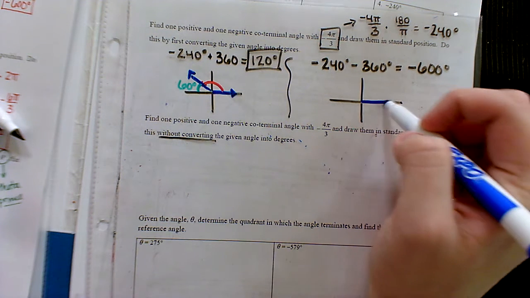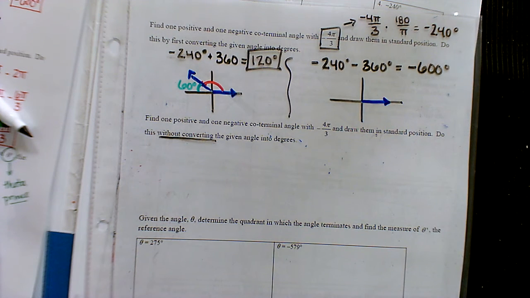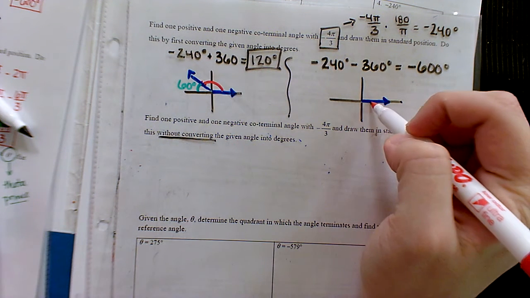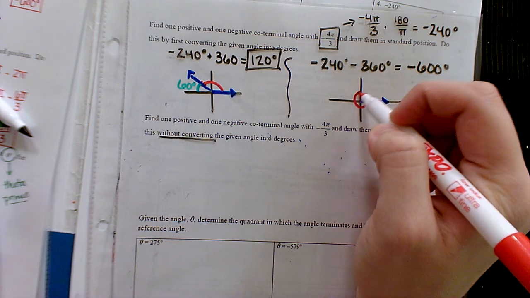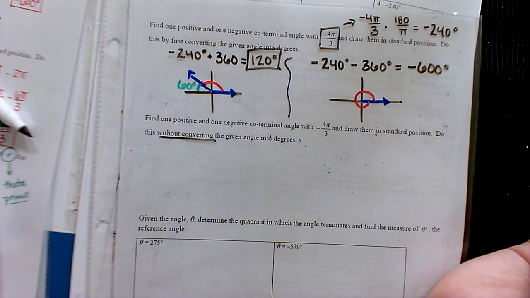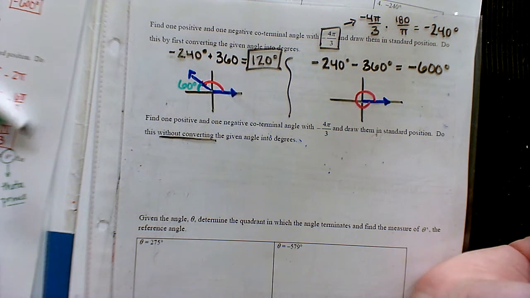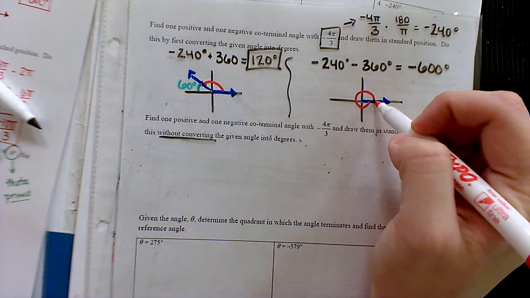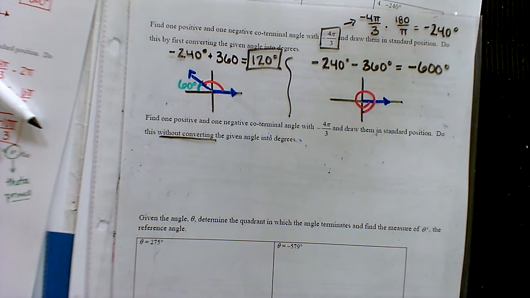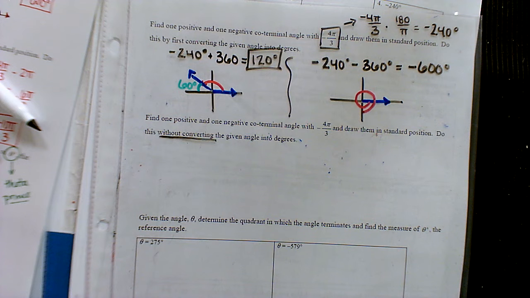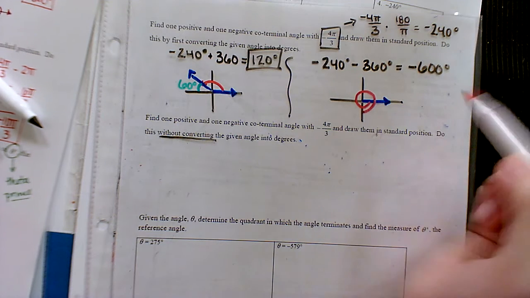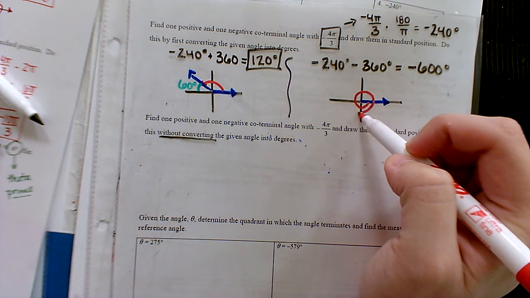All right, initial side. Since we are drawing a negative angle, we're going to draw one backwards. If we do a full circle, that's 360. Let's see if we do another 90. That'd be 450.